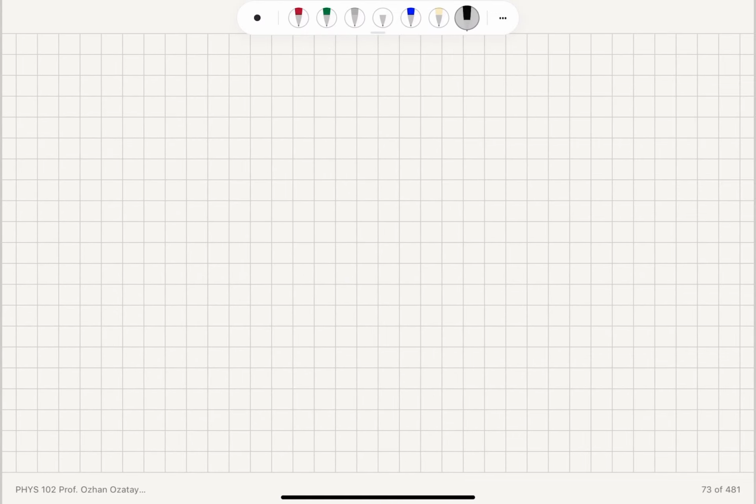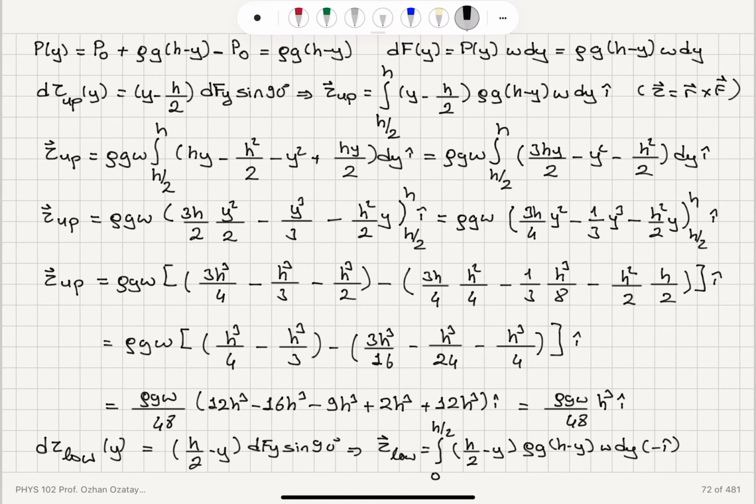So the torque for the lower portion is rho g w. Now, basically this one was y minus h over 2 times h minus y. This is h over 2 minus y times h minus y.